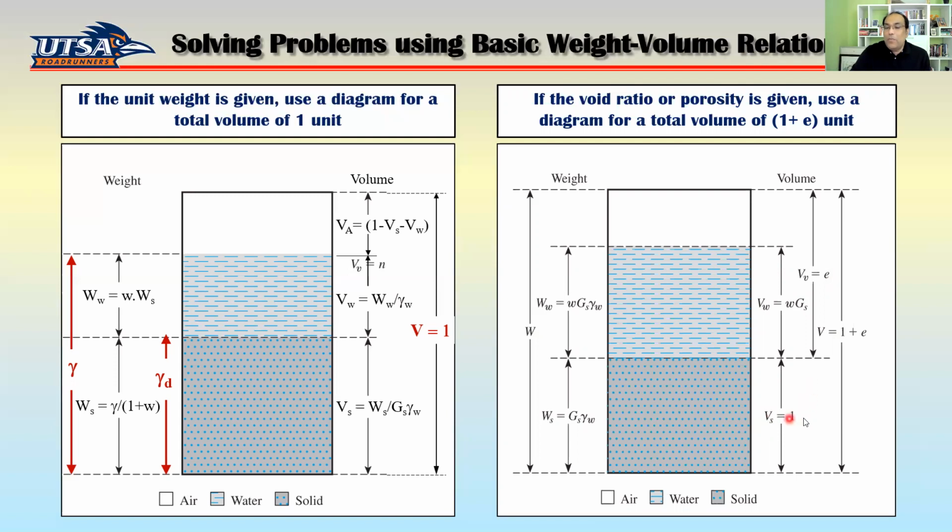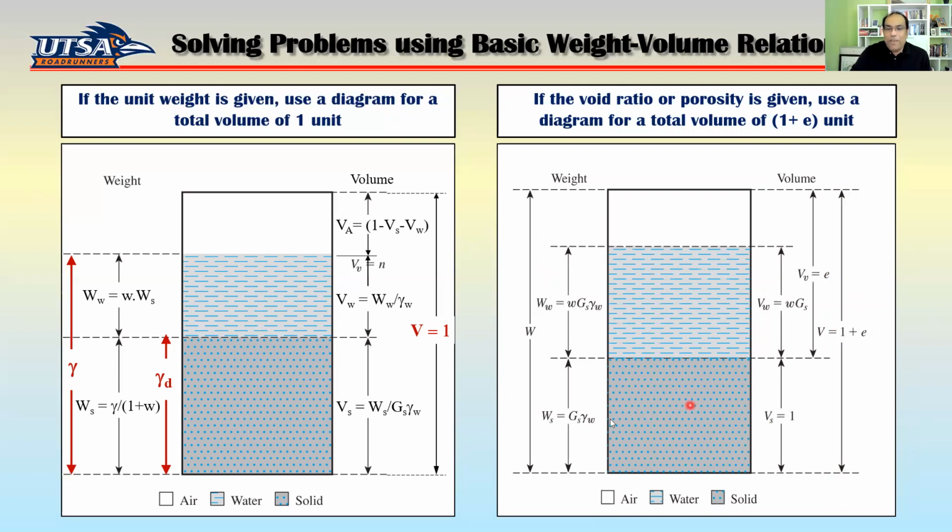So if the volume of solid is 1, then e equals VV by VS, and VS equals 1. So VV should be equal to e. So the total volume from here to here is 1 plus e.